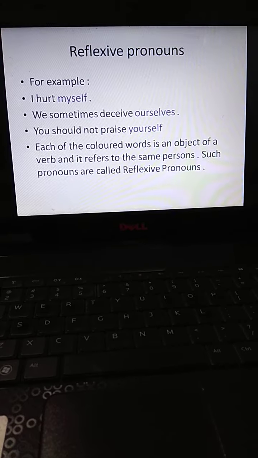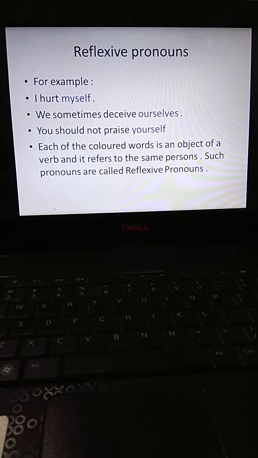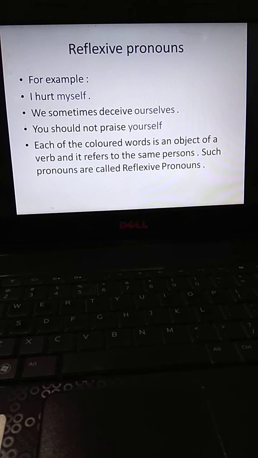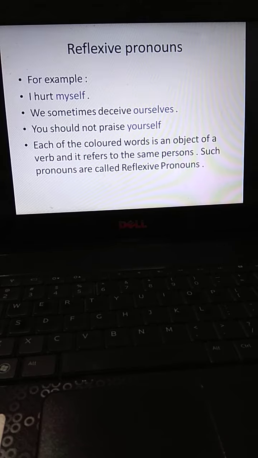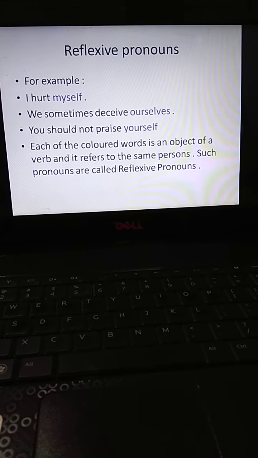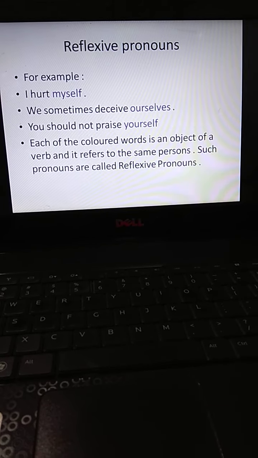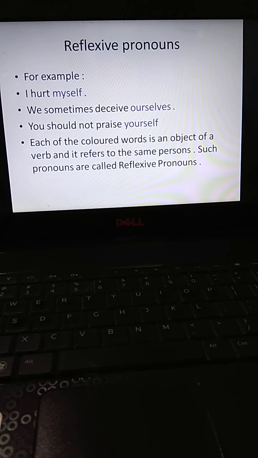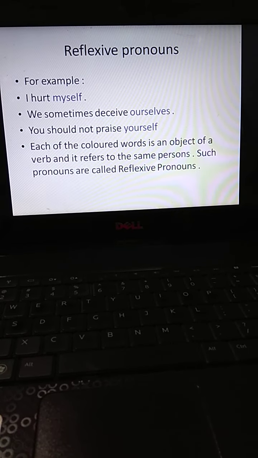Such pronouns are called reflexive pronouns. So the words like myself, ourselves, yourself, himself, herself, themselves, itself, such pronouns are called reflexive pronouns.